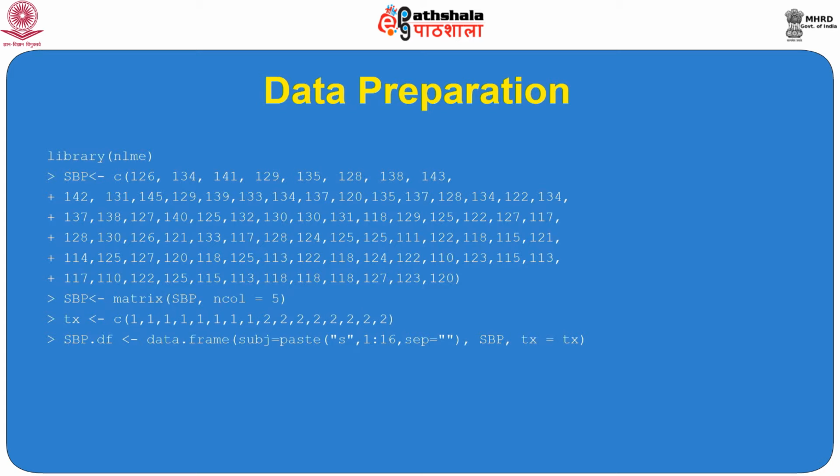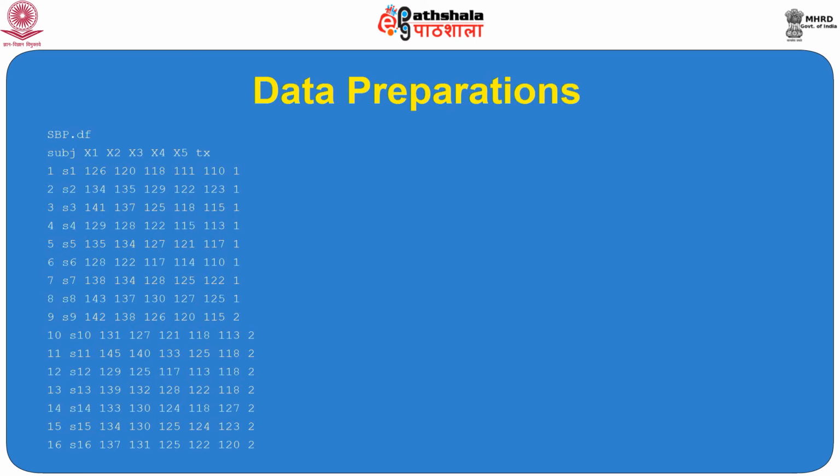This is the SBP.df that we are calling, and getting the first column as subject, and subject is assigned as S1, S2, S3 up to S16. The second column is X1, showing the 126, 134, 141 like systolic blood pressure measurements for subject 1 to subject 16.